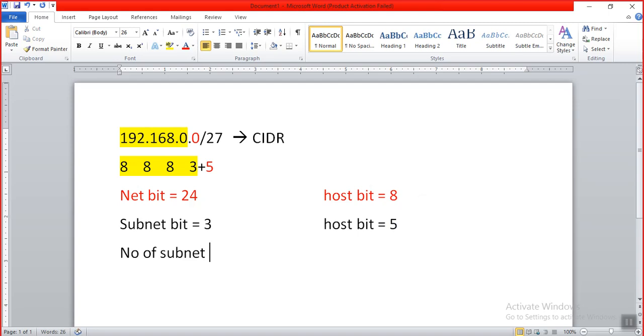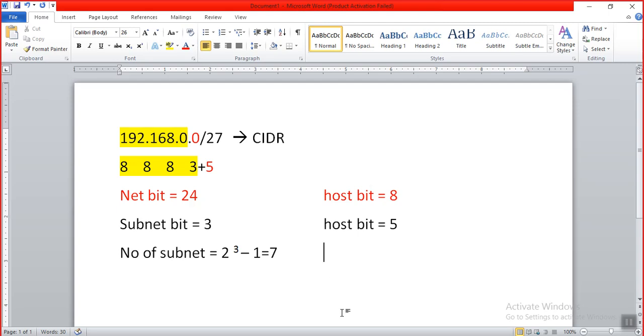Now number of subnets equal to 2 to the power 3 minus 1 equal to 7. That is, total possible subnets is 7.